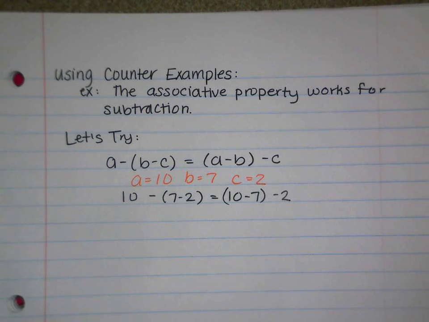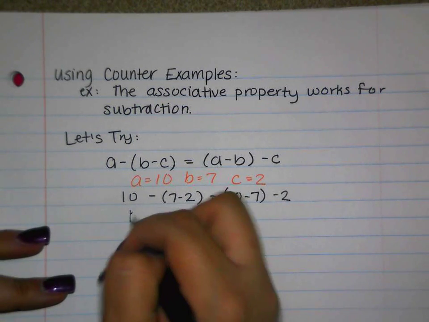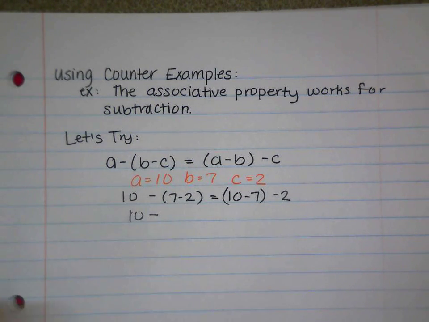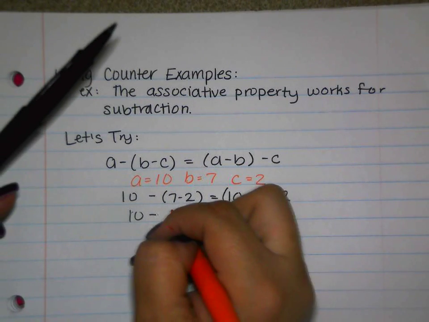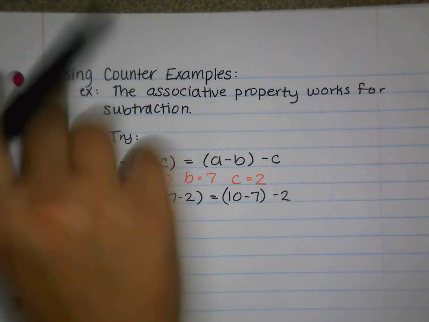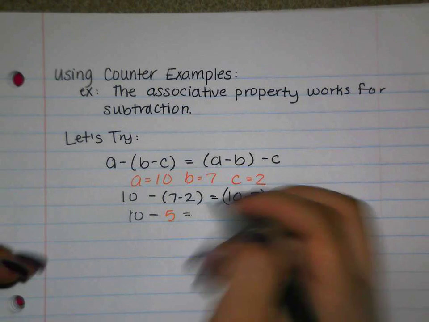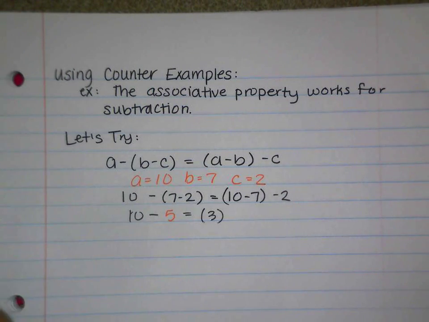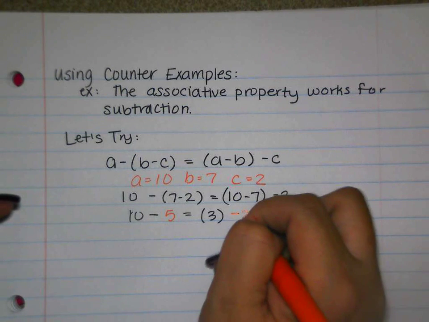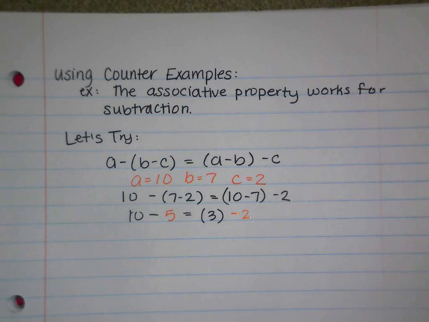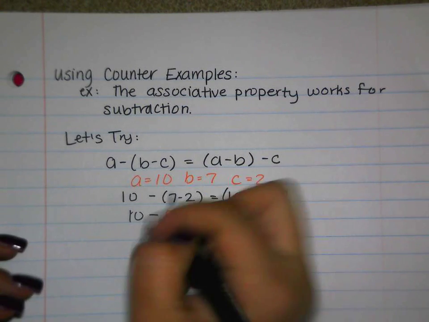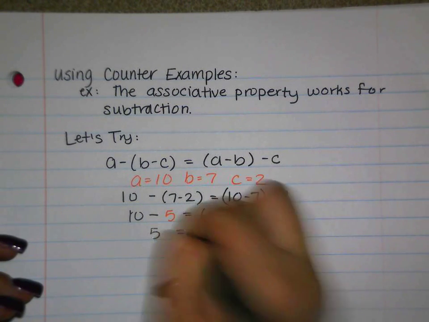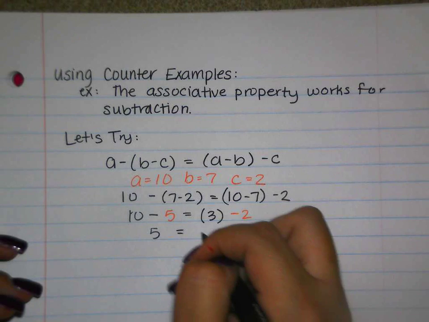Looks nice so far, doesn't it? Well, let's go ahead and say that's 10 minus, well, 7 minus 2 is 5, equals 10 minus 7, which is 3, minus 2. So you should already see, uh-oh, looks like something's going to go wrong. Because when I solve them, 10 minus 5 is 5, and that's going to say that's equal to 3 minus 2, which is 1.